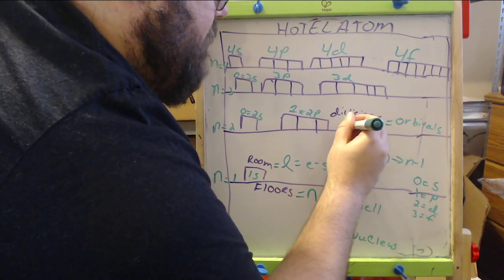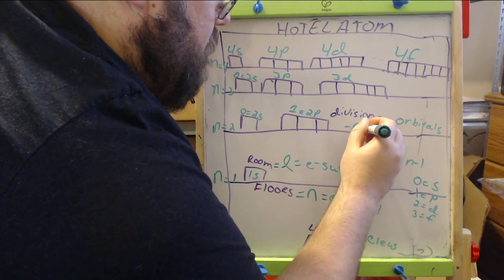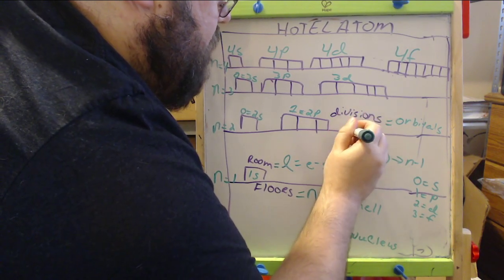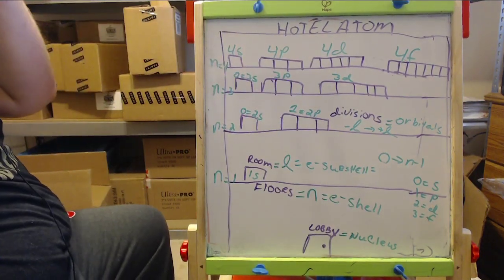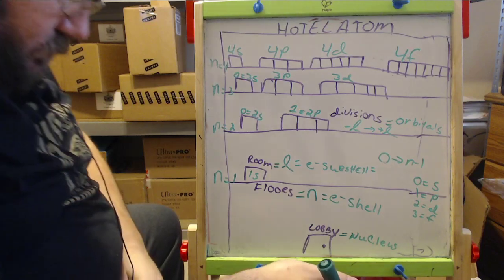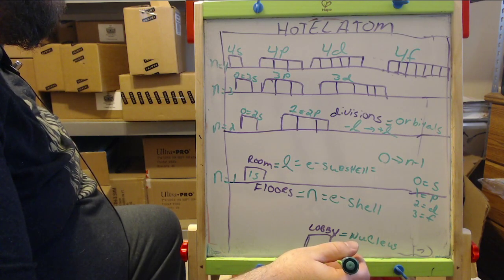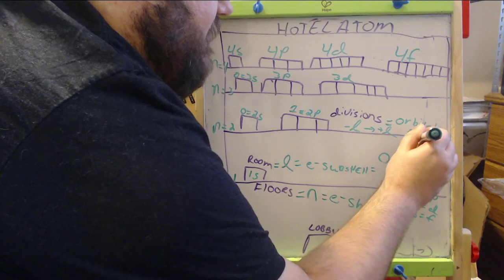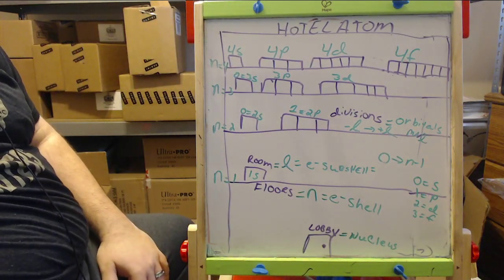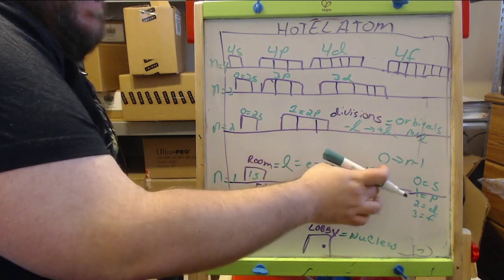And they go from negative L to positive L. That's a cursive L. And the letter that represents it is M sub whatever the L we're talking about. So this one is based off our L value.